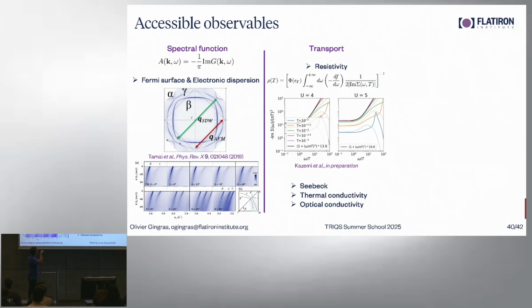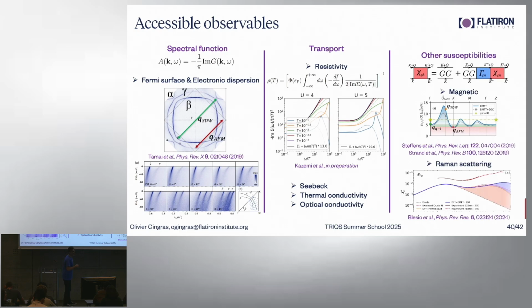But we're able, based on these calculations, to do Seebeck calculations, thermal conductivity, optical conductivity. Seebeck is the relationship between electronic conductivity and thermal conductivity, right? Yeah. So these are things that people usually want from correlated materials.